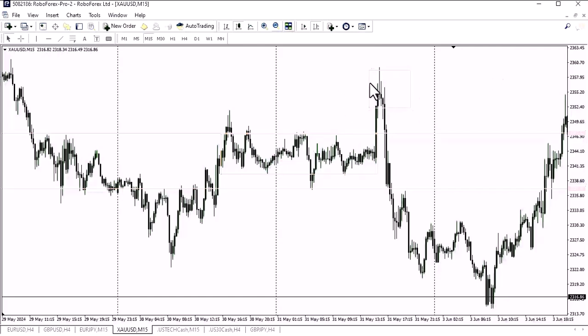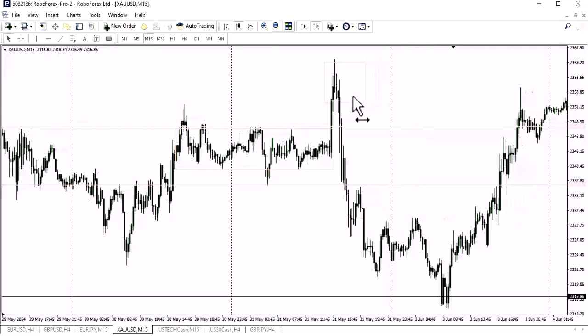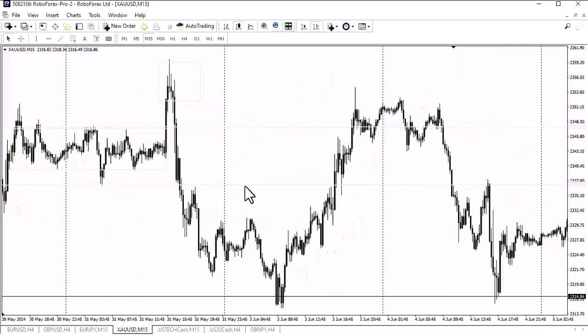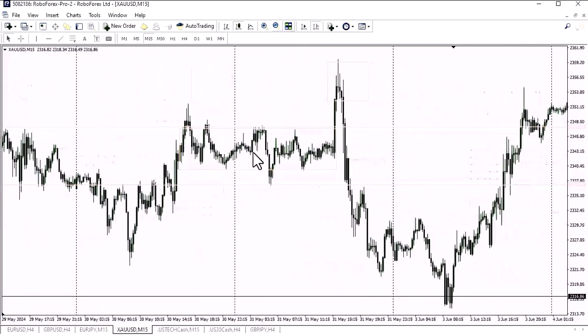So that's a star pattern. That's number 1. Number 2, you can have an engulfing candle. Number 3, you can have a railroad track, or you can have an M or a W pattern, depending on which side you are going and how you are looking at it. So this is example number 1.